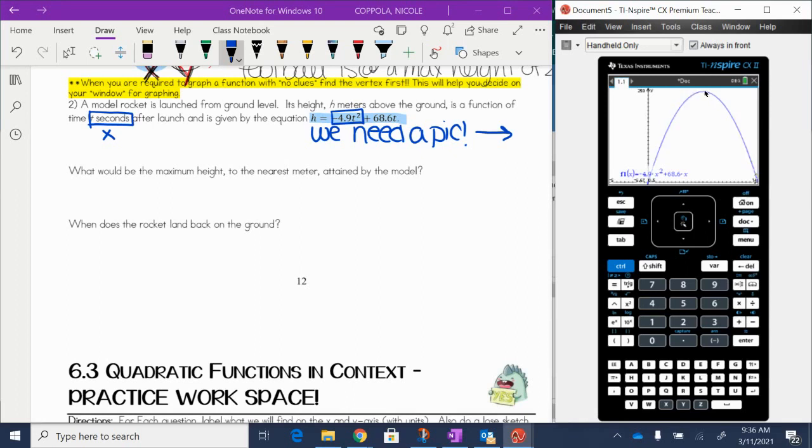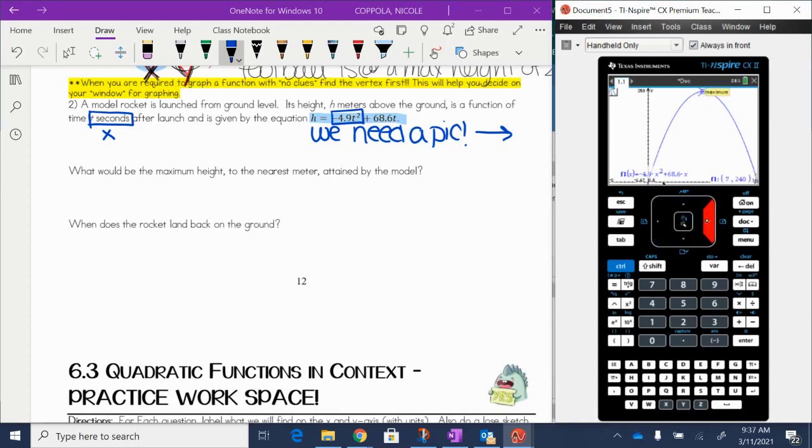The other way we could have found this vertex: menu, analyze graph, maximum. Notice I did not set my trace step, so it's counting by 0.1s. I should have set the trace step, but let's see. Did you see how it highlights that maximum?